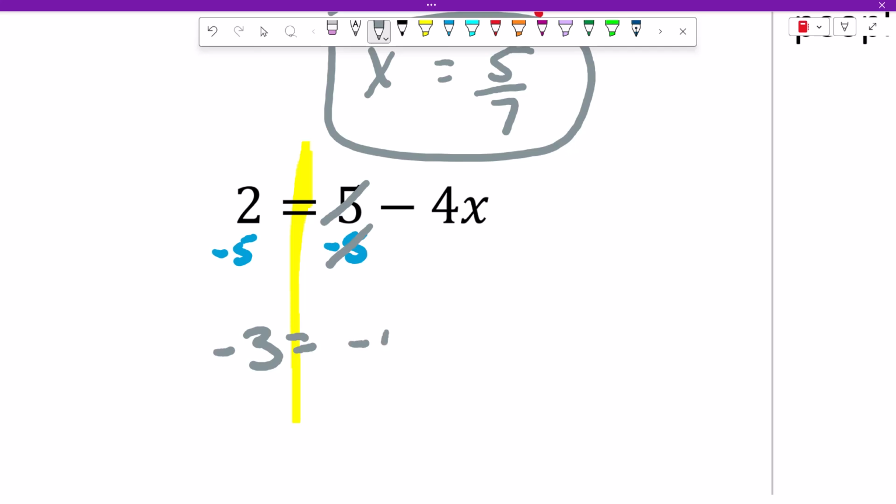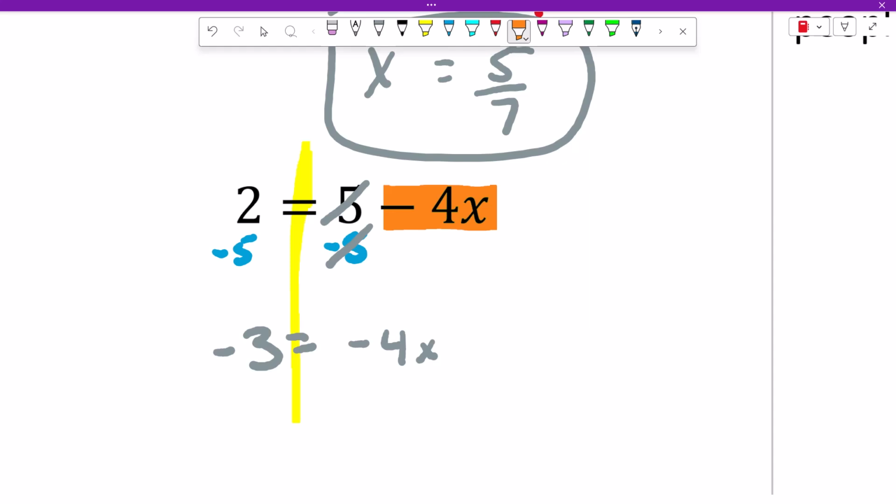Minus 4x. So, be careful that you don't forget to bring this minus sign down. This belongs to the number after it. So when we cancel out this 5, we did not cancel out this sign here. So bring that 4 down, that subtraction sign now becomes a negative sign.